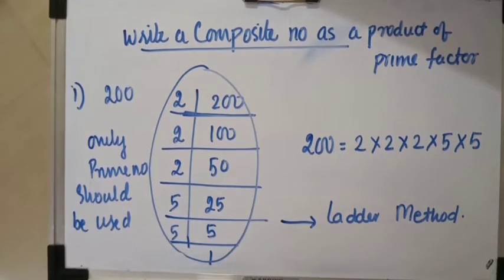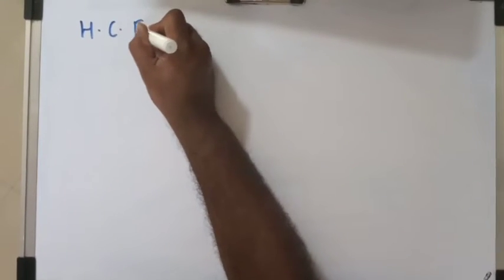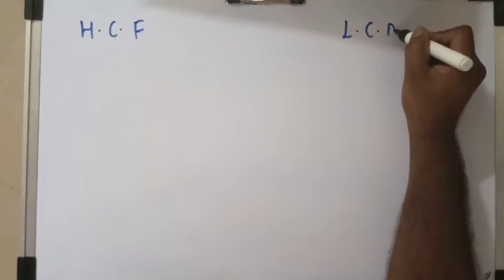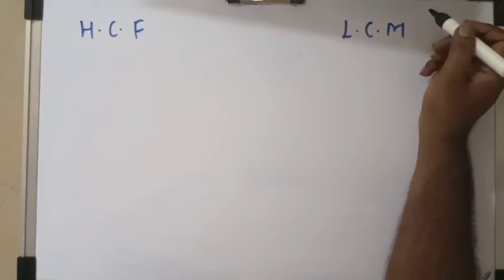Okay children, so I want you all to remember nicely whatever I have taught you. Now we'll be looking at two concepts. One is the highest common factor, the other one is the least common multiple, or we can call it the lowest common multiple.